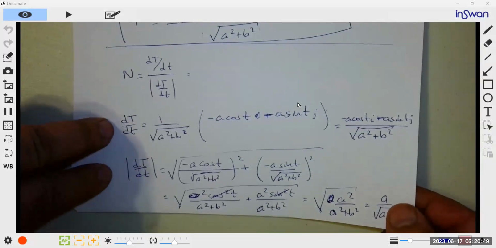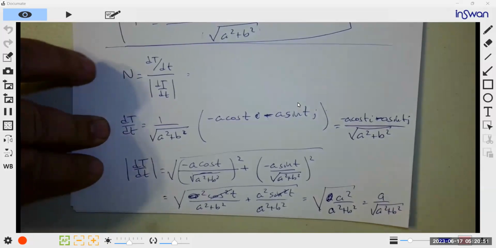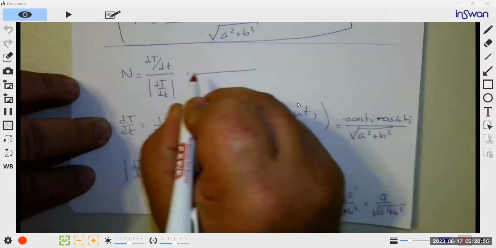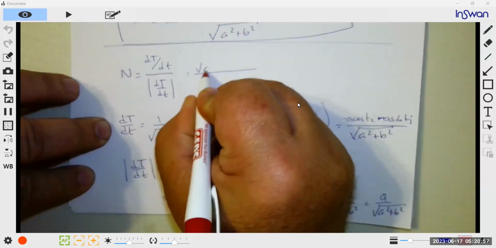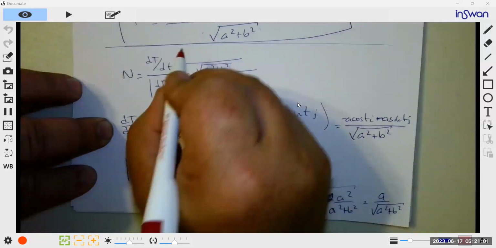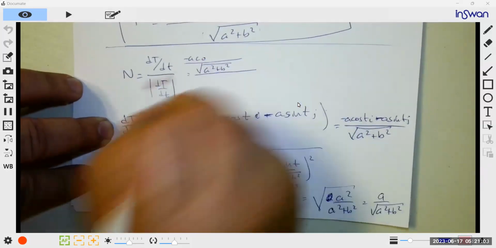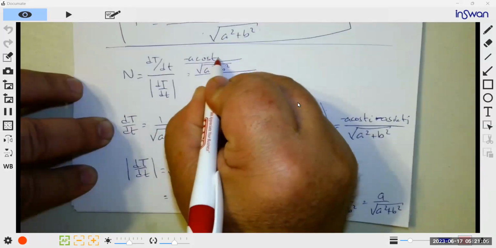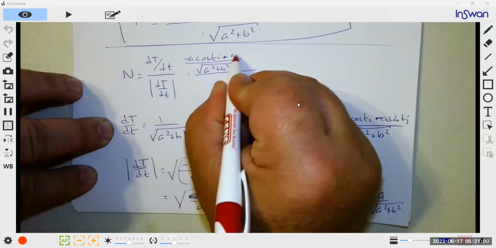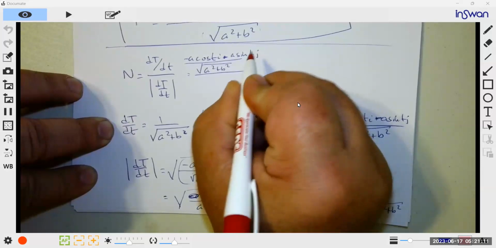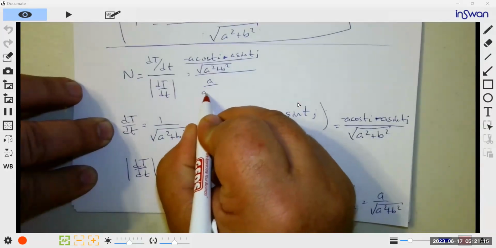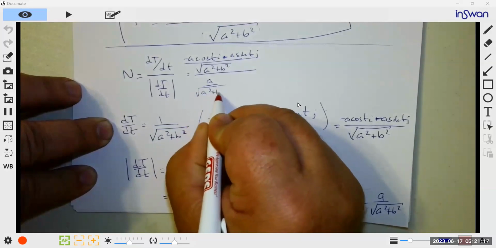So we have to divide both of those. The radical a squared plus b squared under negative a cosine t i minus a sine t j, over a over the square root of a squared plus b squared.